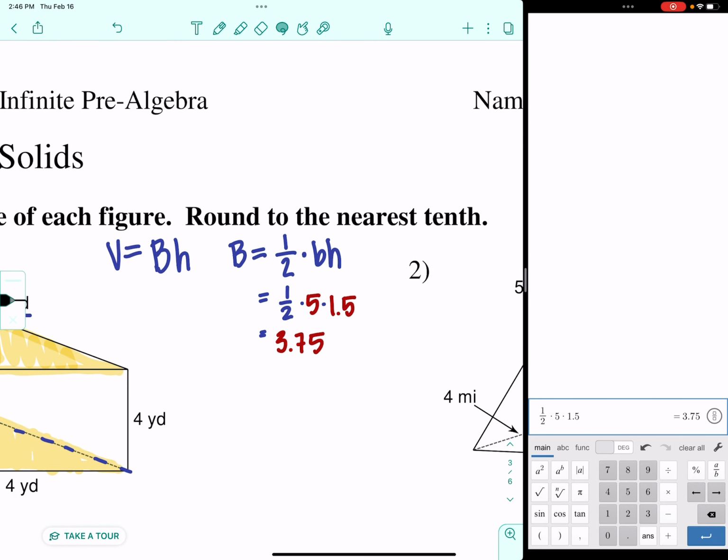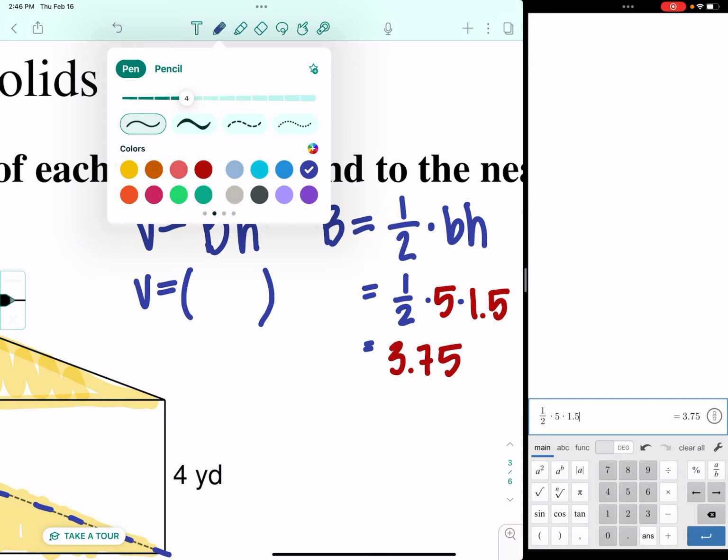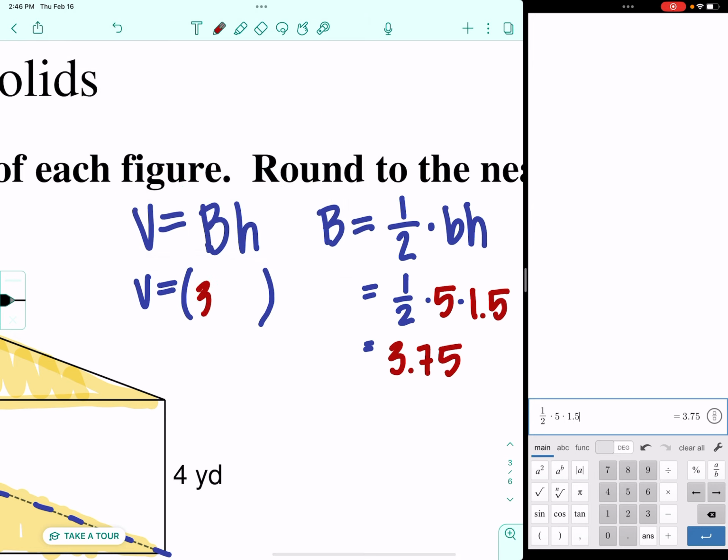Now, that was all for the triangle. We're going to go back and look at our volume for the prism formula. I know V is capital B times H. Well, I found capital B. Capital B was 3.75.